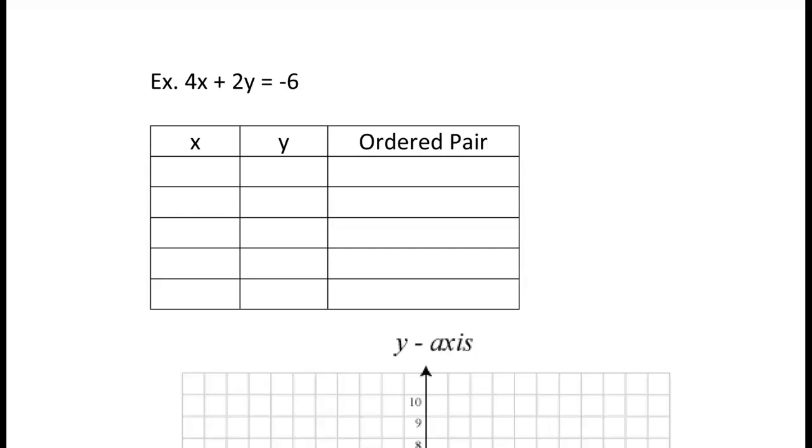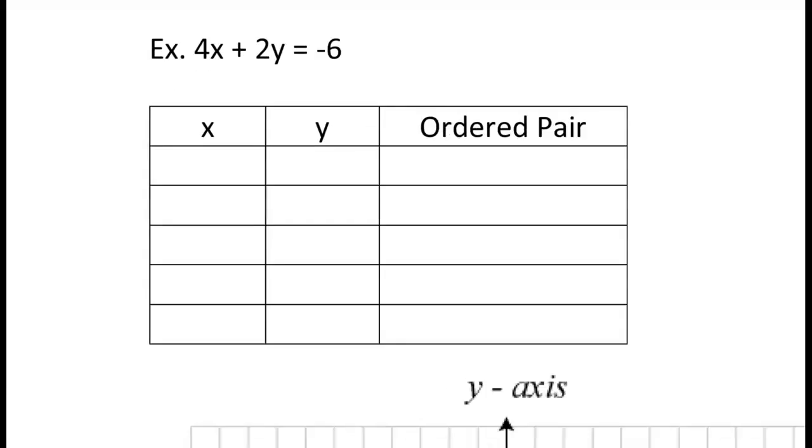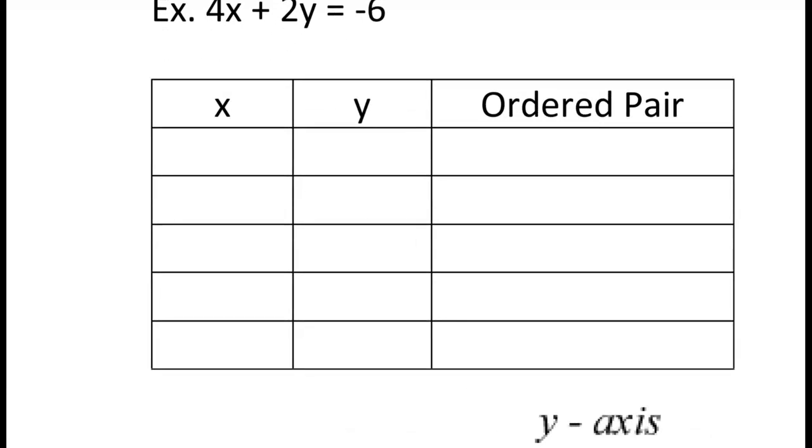So we'll show you both ways, just so whatever way works best for you is what you'll do. Now, for values for x, we're going to pick them again. So negative 2, negative 1, 0, 1, and 2.